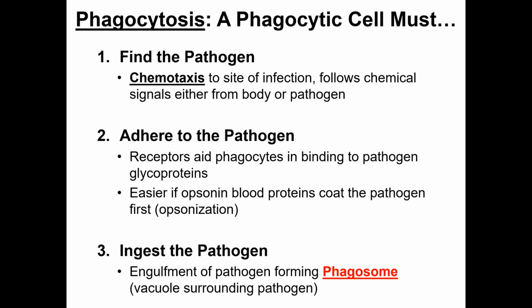Okay, so the steps of phagocytosis are not too terrible. First step, find the pathogen. When you have a pathogen in your body, be it a virus or bacteria, they shed things like peptidoglycan, LPS, various proteins. They leave chemical trails.